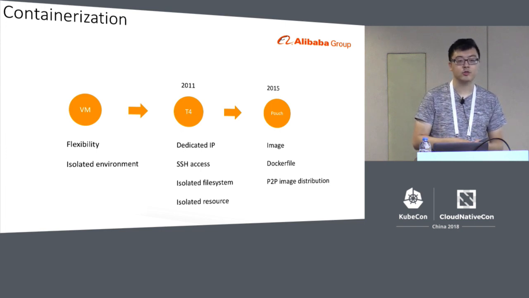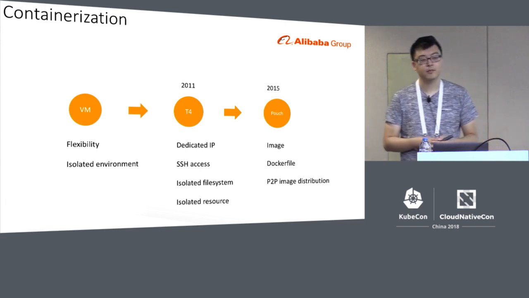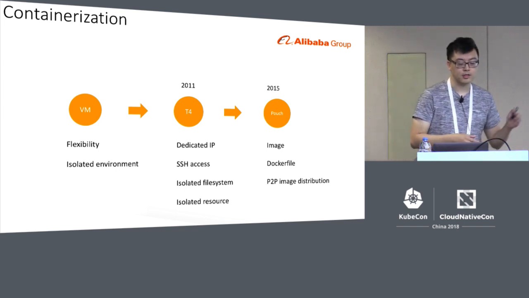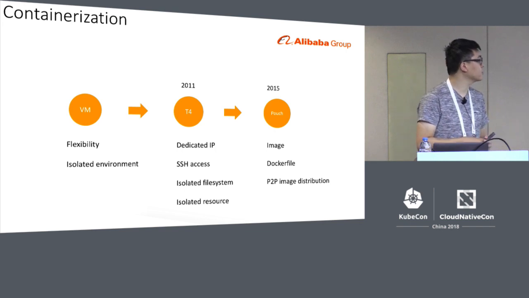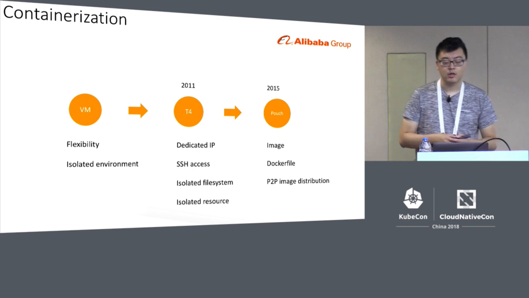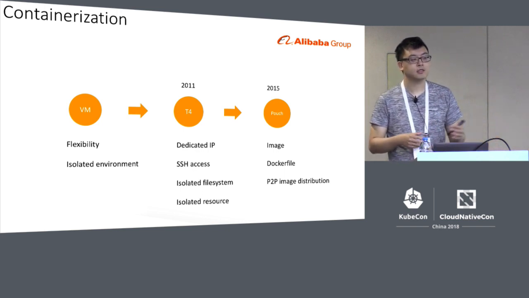So at the time, we wanted to explore a new technology to reduce the overhead caused by virtualization, and on the other hand, we wanted to have information about what is running in each app, so at that time we developed T4 based on virtualization, and it's quite similar to the concept of a container.